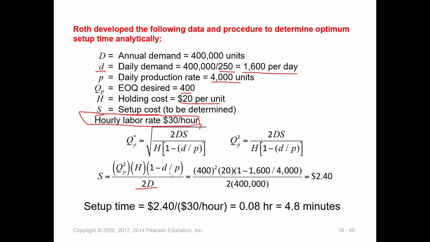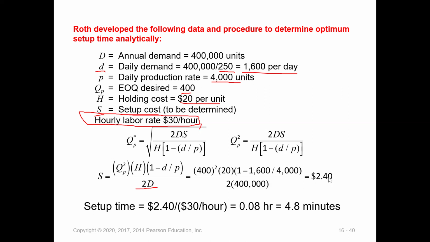Okay, so now let's plug in the numbers. 400 squared, 20 times (1 minus 1600 divided by 4000, which is the daily production rate), divided by 2 times 400,000. This will give us the setup cost, which is $2.